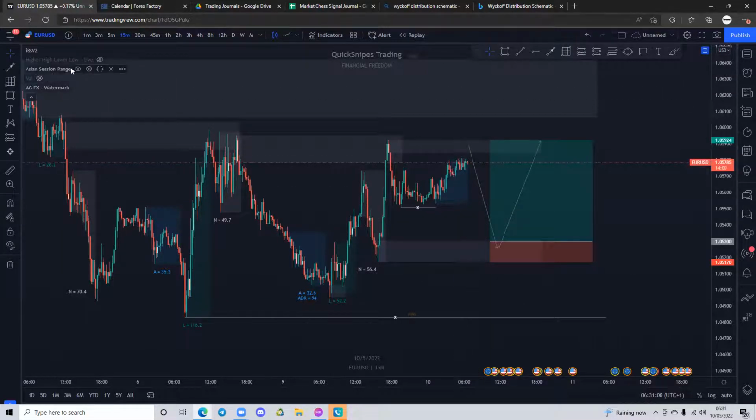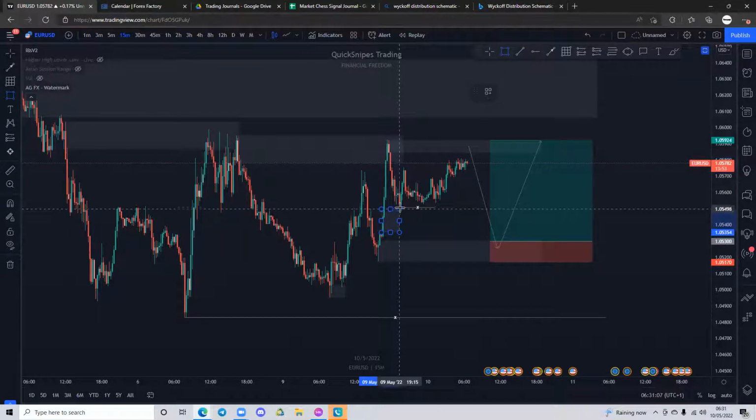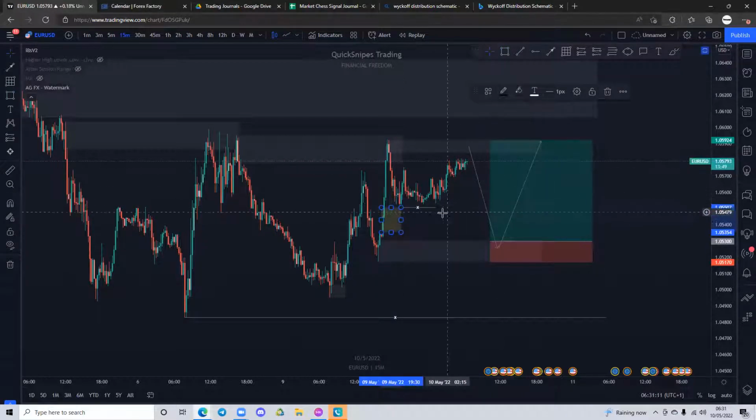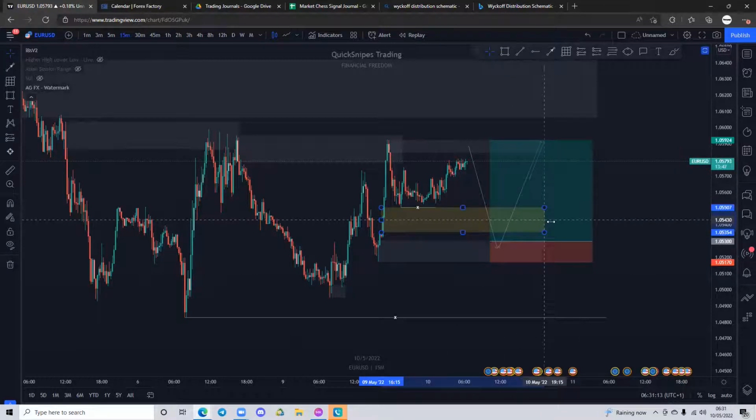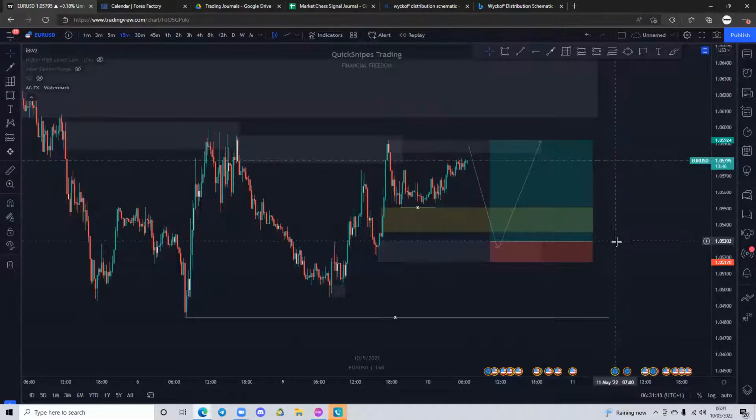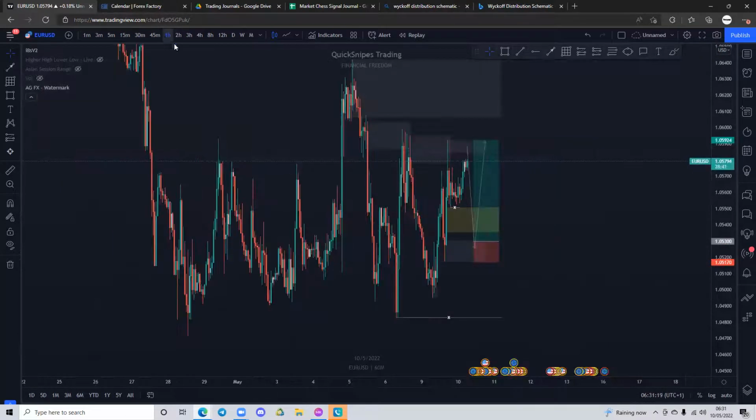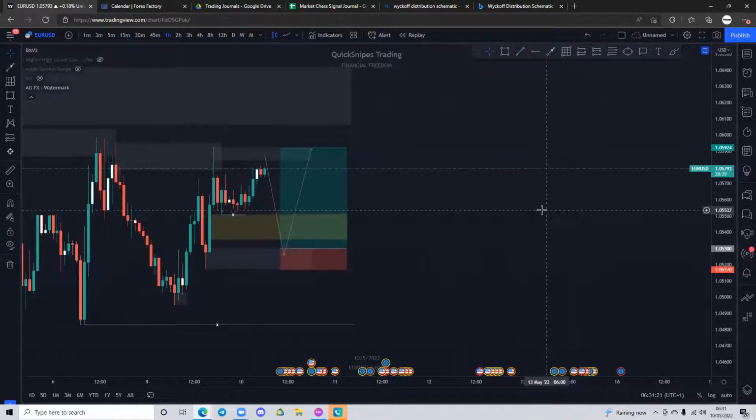The thing I'm seeing that could indicate it will come back is a huge imbalance over here. This is why I think price will come back down, not because of the liquidity, it's because of the imbalance formed. So if we're looking on the 1 hour, for example, you can see we've had a huge region of imbalance.